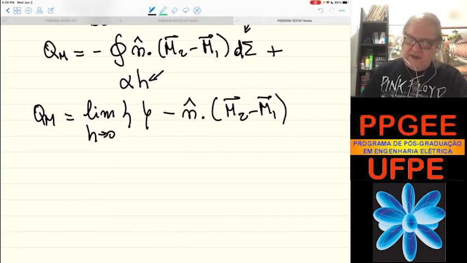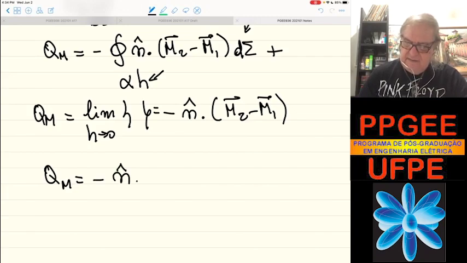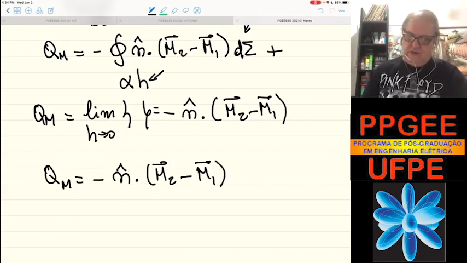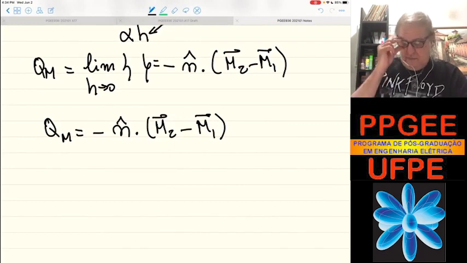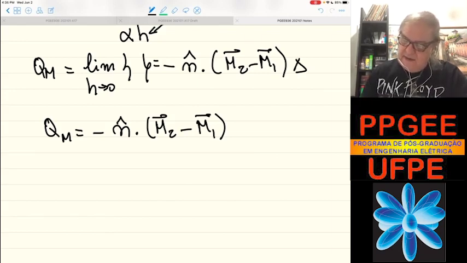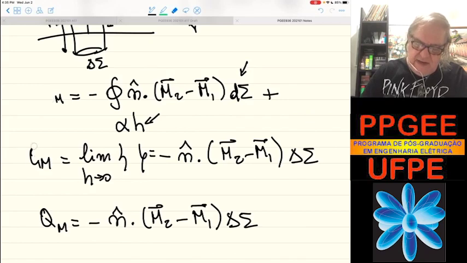So the magnetic charge is going to be minus n dot M2 minus M1, times delta sigma. I'm sorry, there's the delta sigma here, I forgot. So let's call the quantity of charge related to the area delta Q magnetic.